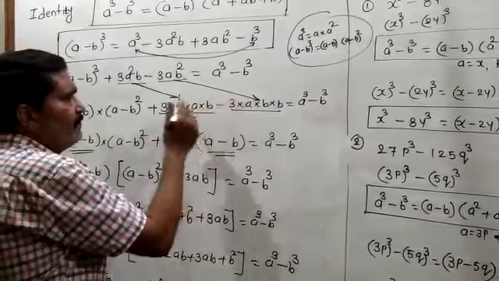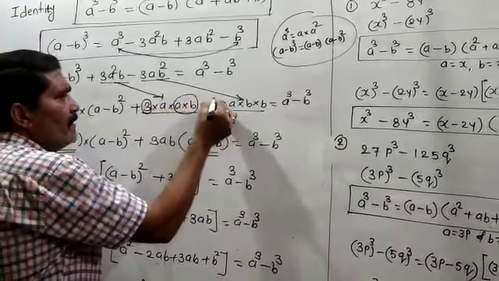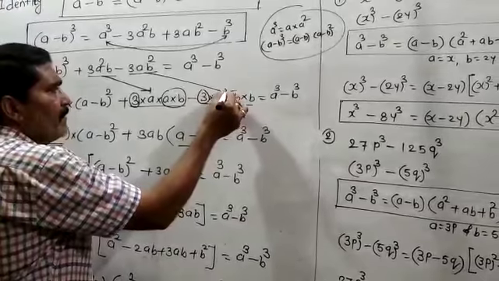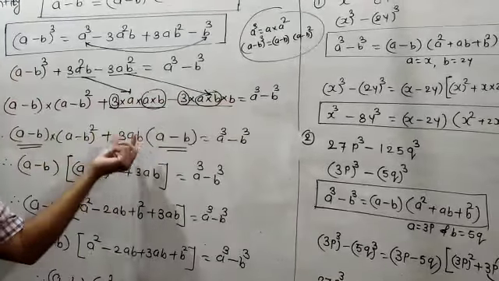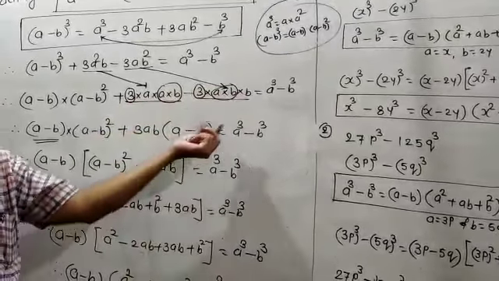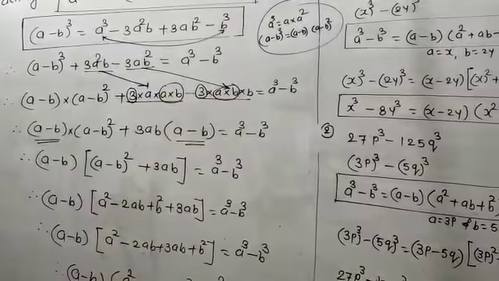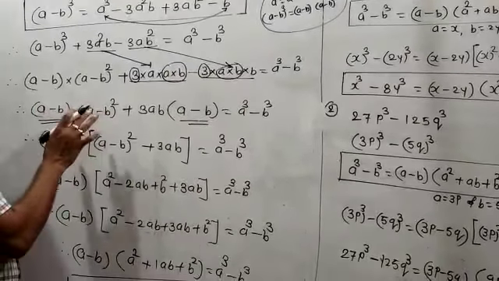From these two terms you have to take out 3ab common. If you take out 3ab common within these two terms, what remains is a minus b, which you have to write in another bracket, is equal to a cube minus b cube. Then friends, this expression holds these two terms.